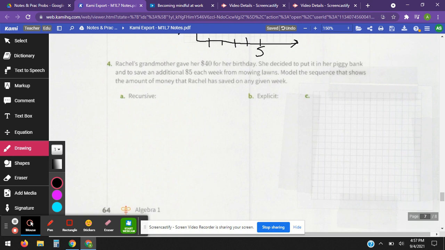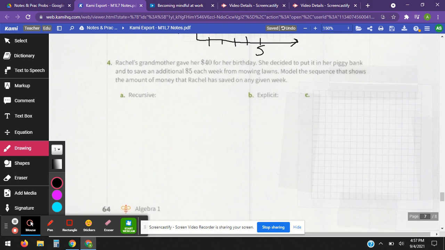All right, Rachel's grandmother gave her $40 for her birthday. She decided to put it in her piggy bank and save an additional 5 each week from mowing lawns. Model that sequence amount of money in a given week. All right, let's just go ahead and go f of, she got $40 for her birthday. So that's a starting amount of money.